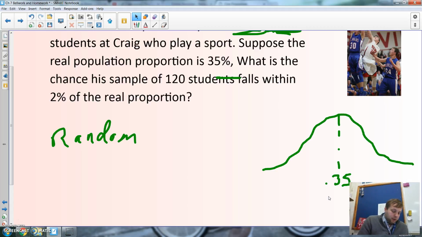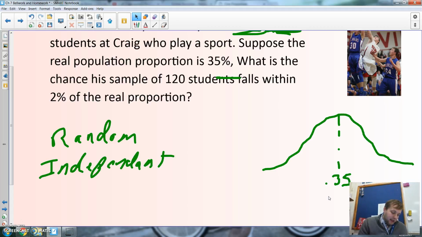The next thing I'm going to do is check independence. Because if I don't know it's independent, I can't use a standard deviation. My standard deviation might be off. So, is 120 students less than or equal to 10% of the population?